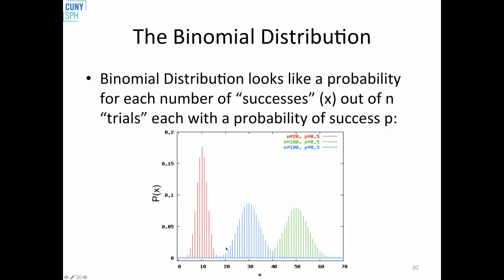Then finally, for the same n of 100 with a reduced probability of success of 30%, so a weighted coin if there is such a thing, you just see a shift. So this does look something like a normal distribution with a mean and a standard deviation.